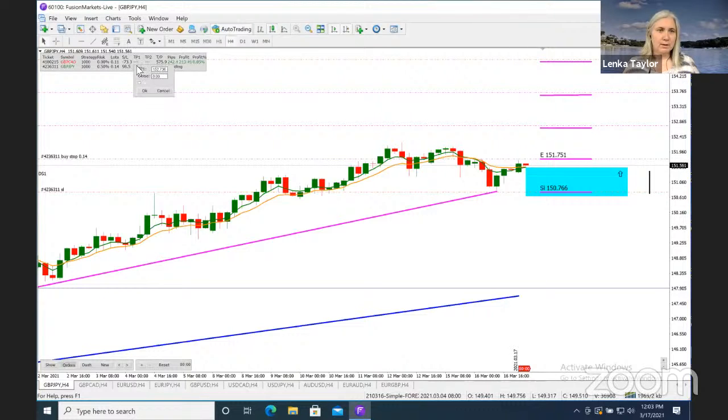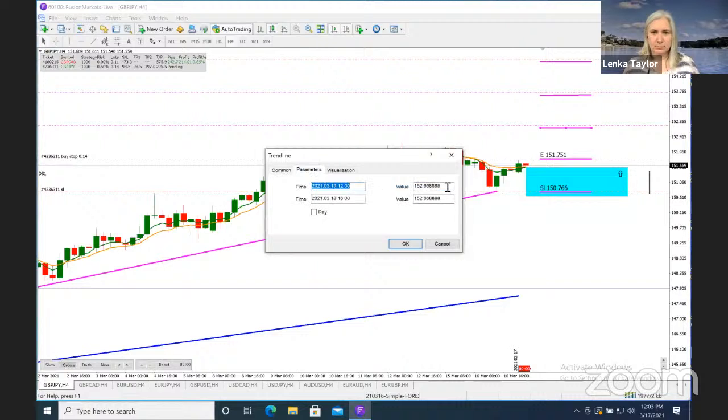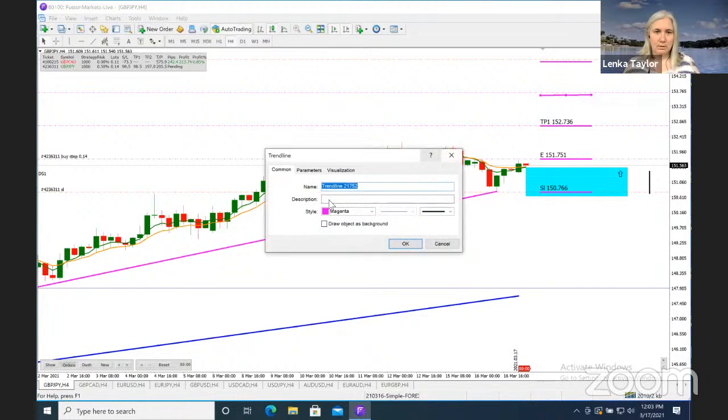Profit target 1 is this one, 152.736. Profit target 2 is 153.721.